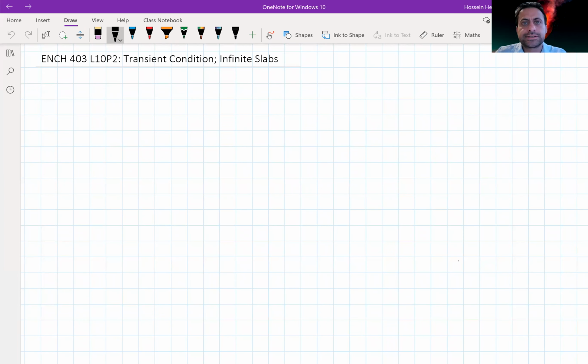Let's analyze transient conduction in an infinite slab with convection. Infinite slab, which is a plane wall.